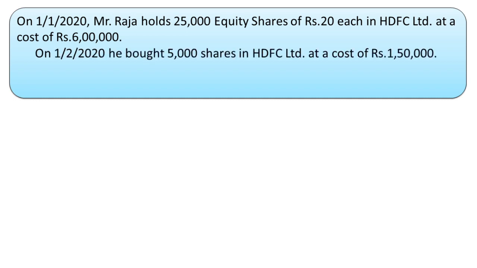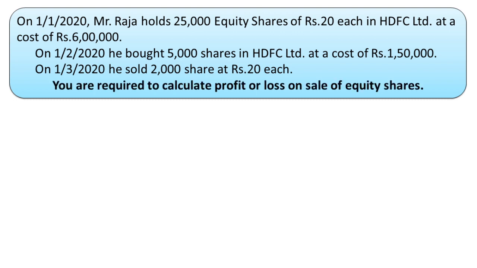On 1st February 2020, he bought 5,000 shares in HDFC Limited at a cost of rupees 1,50,000. On 1st March 2020, he sold 2,000 shares at rupees 20 each, and they are asking us to calculate profit or loss on sale of equity shares.